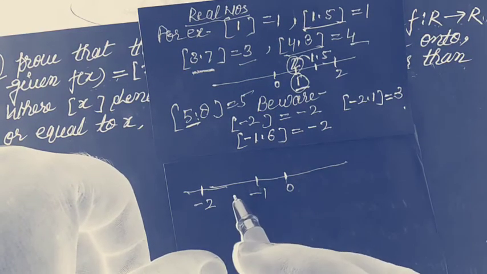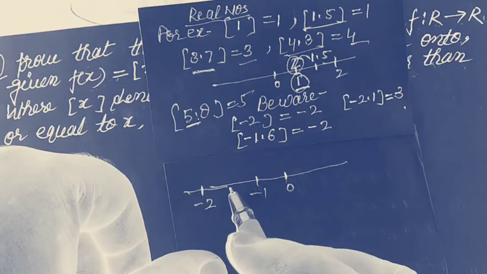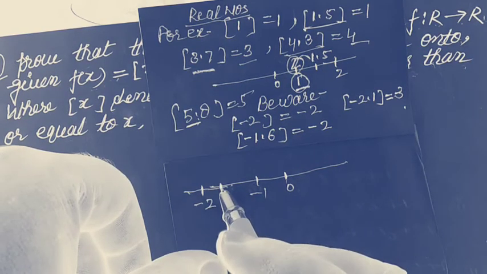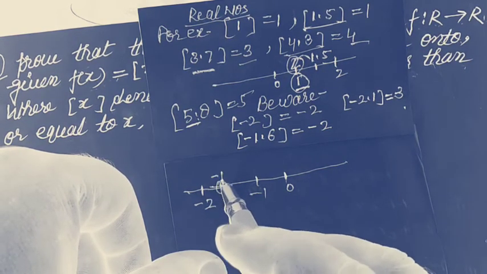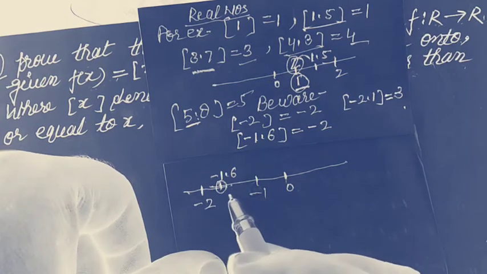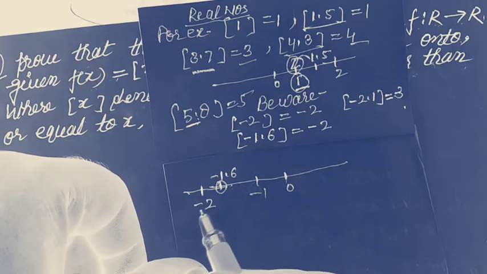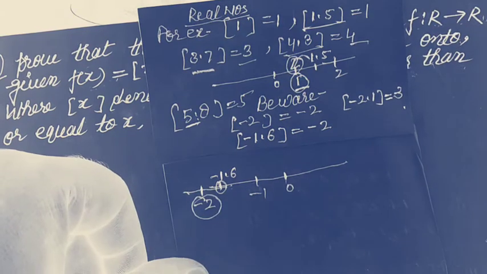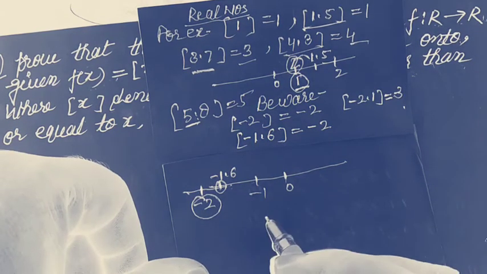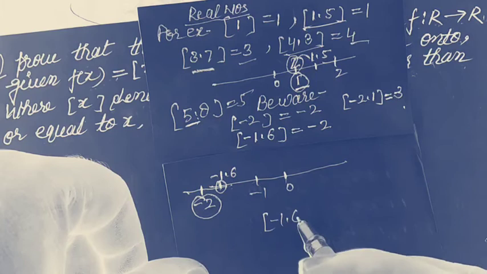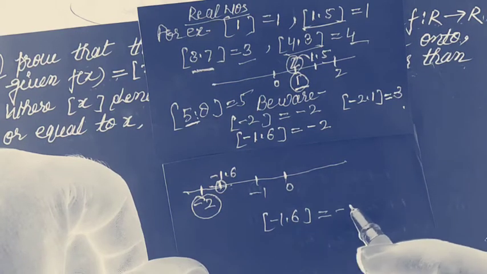So -1.6 we can write here. We will also go to the left, the nearest left point. So for -1.6, we will get -2.